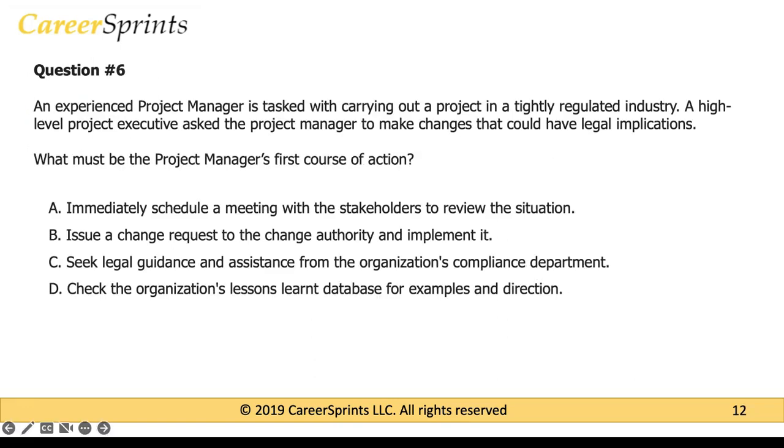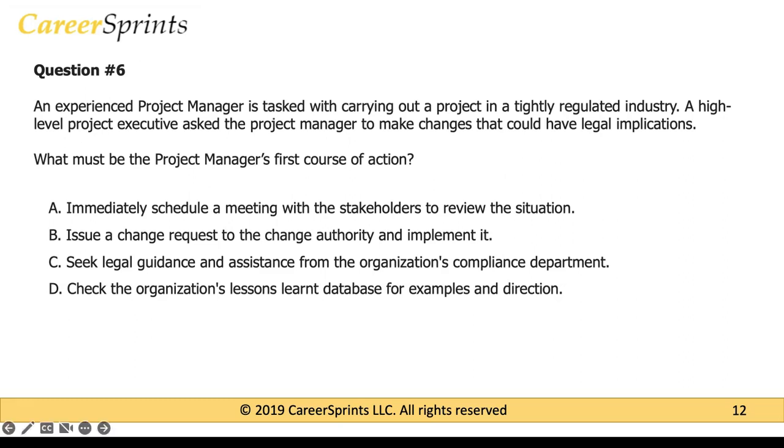All right, so let's move on to the next question, question number 6. Question 6 says, an experienced project manager is tasked with carrying out a project in a tightly regulated industry. A high-level project executive asked the project manager to make changes that could have legal implications. What must be the project manager's first course of action?